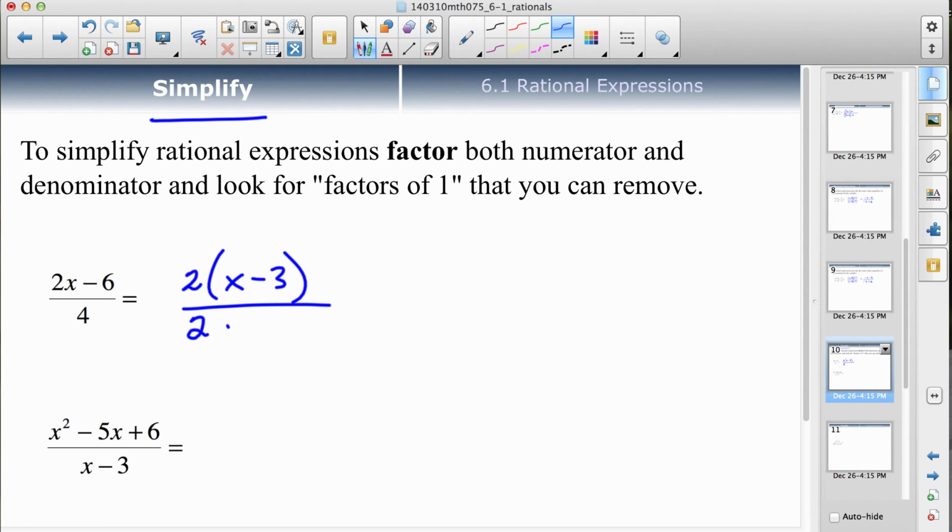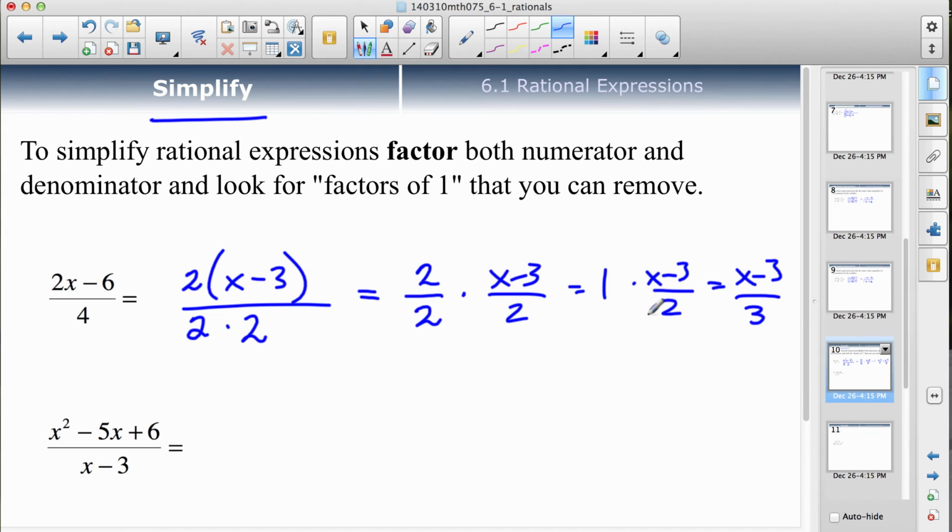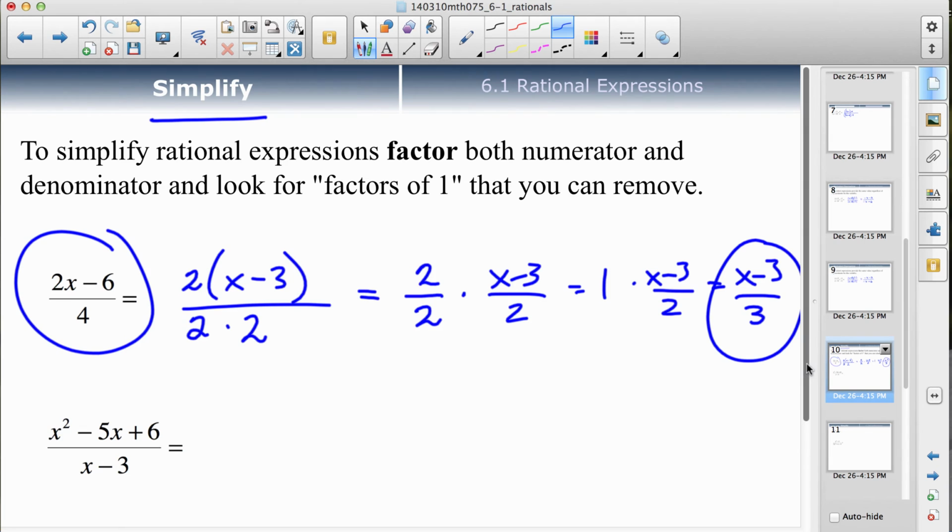So I can write this as 2 times 2. Hopefully you can see where I'm going here. So notice I have a product on the top, product on the bottom, but two of those factors are the same. So I'm going to rewrite those as one fraction times what I'm left over with. Do you notice just the slight difference between the two there? But now 2 divided by 2 is equal to 1 times x minus 3 over 2. And when you multiply anything by 1, it doesn't change it. It's just x minus 3 over 2. So this would be the simplification of that first expression.